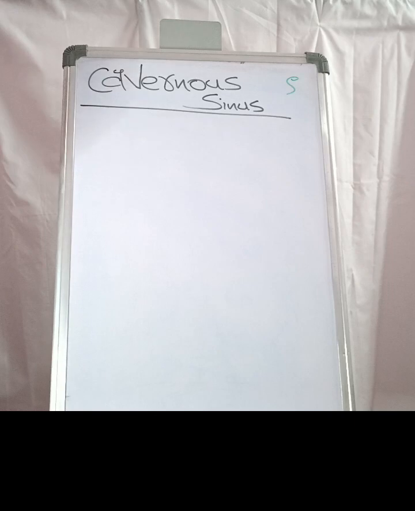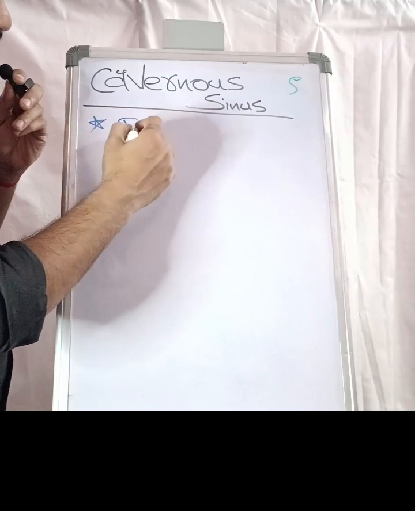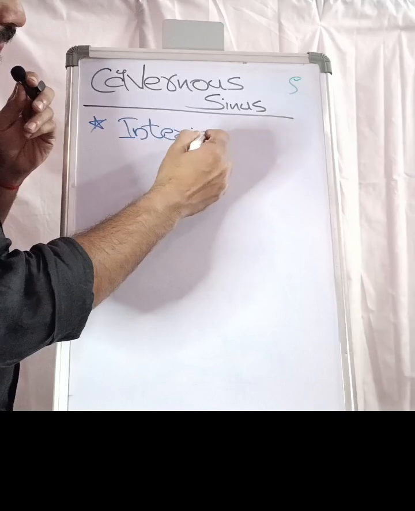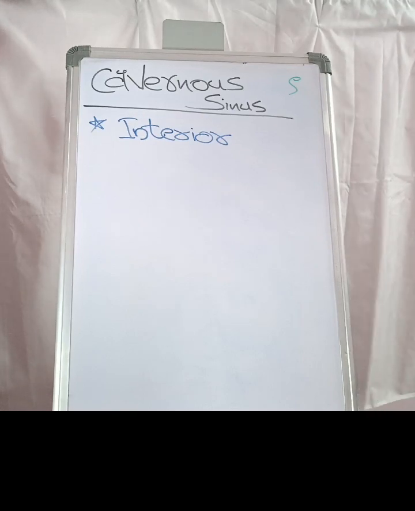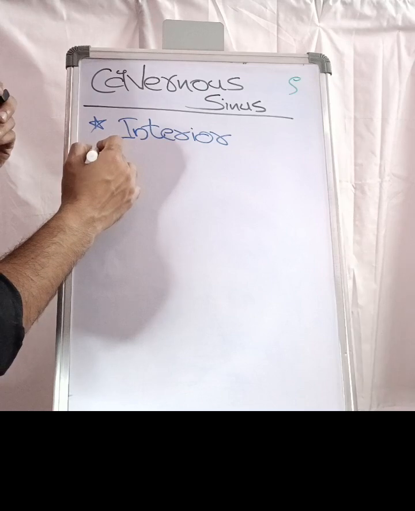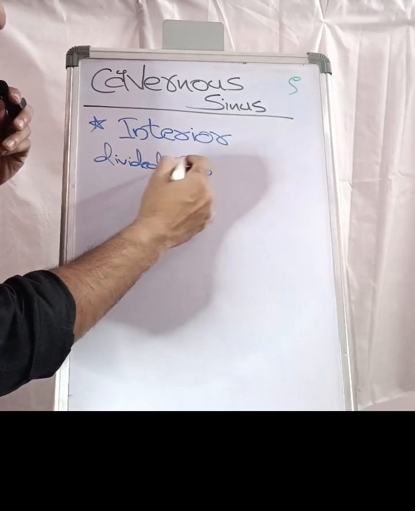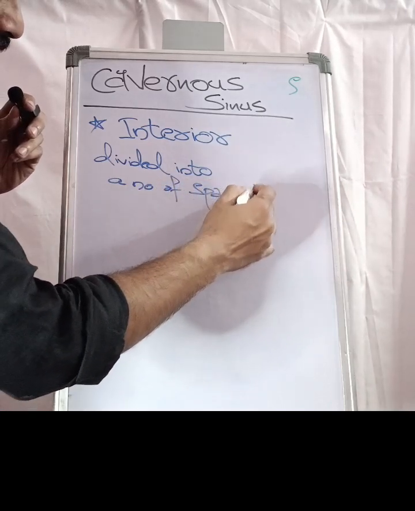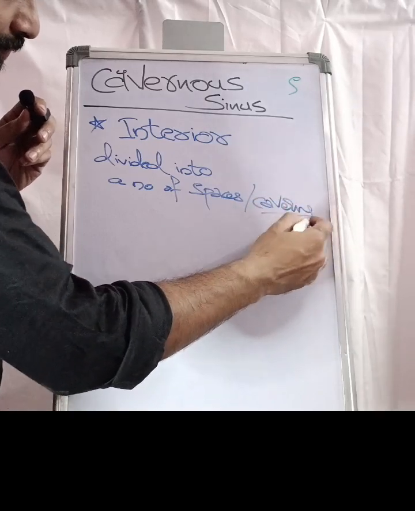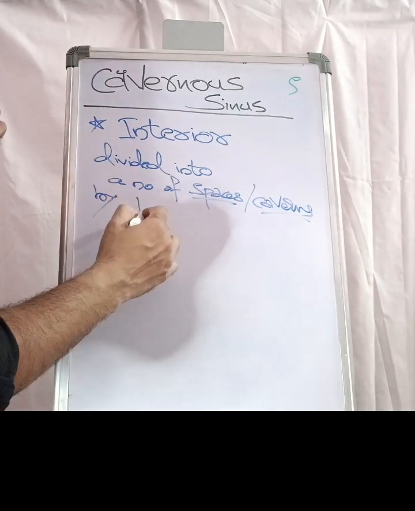Next, we are going to discuss the interior of the cavernous sinus. The interior of the cavernous sinus is divided into a number of spaces or caverns by trabeculae.